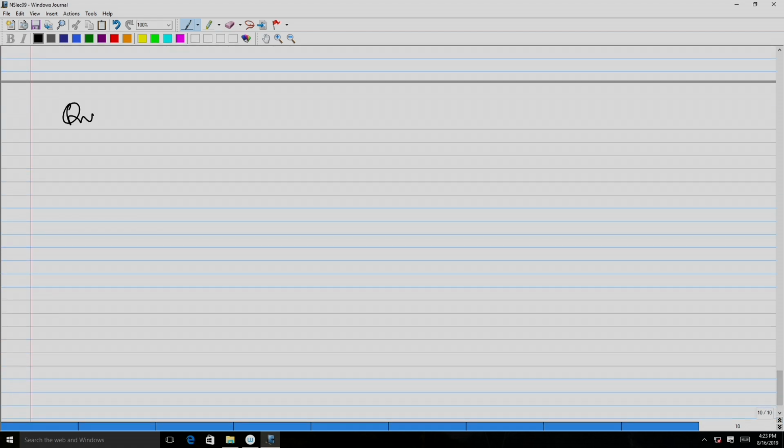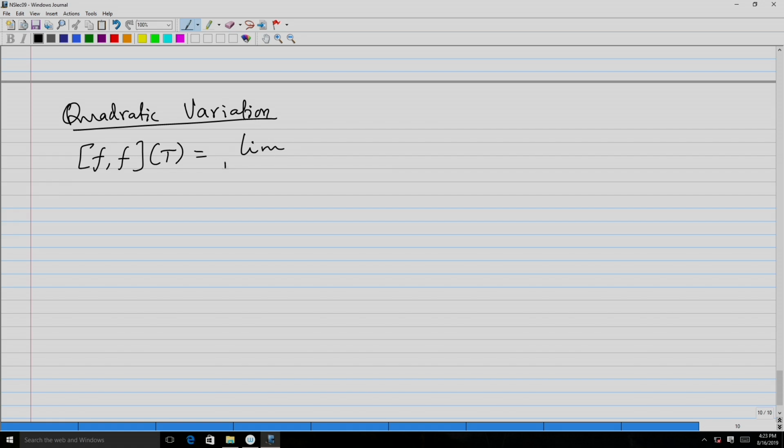As opposed to the first order variation, everything remains the same, the function and the partition and everything. The only thing is the quantity that we define is this one.